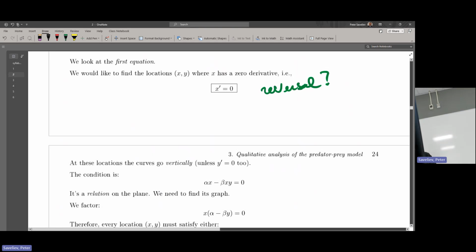So what's the conclusion? An algebraic question: x times (alpha minus beta y) equal to 0. What can we say about the graph? Which x, y satisfy this equation?